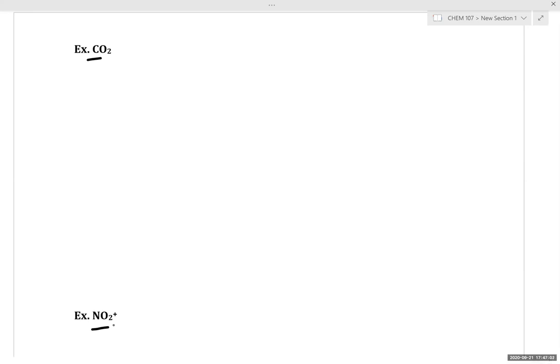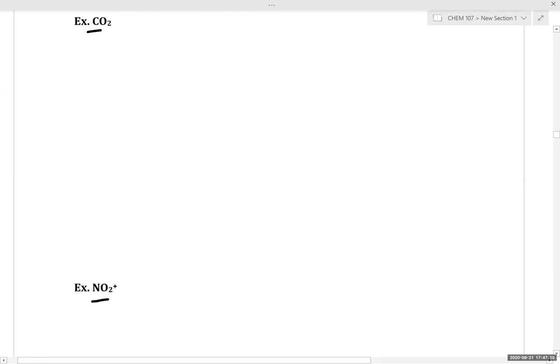Let's work on each of these examples, trying to draw valid Lewis structures with properly assigned formal charges. And then we'll discuss these 2 examples in about 5 to 6 minutes. If there are any questions, don't be shy to ask them in the chat or verbally.